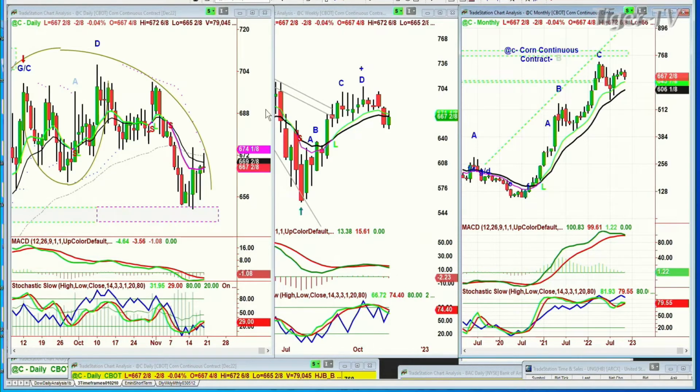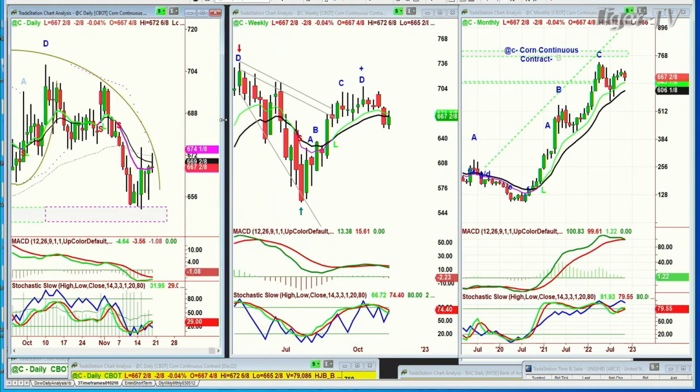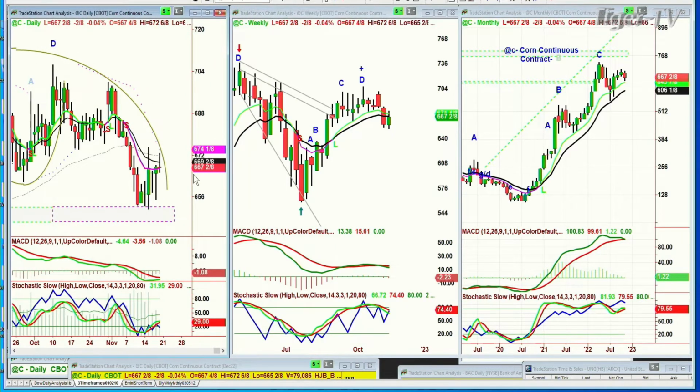I always consider that to be just a warning to say it doesn't have enough strength yet. It'll develop the strength at any point. Trading at 667 right now, it could push into the 710 or 720 area. That'll be really positive.